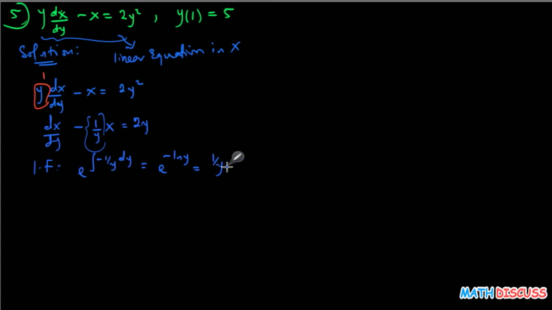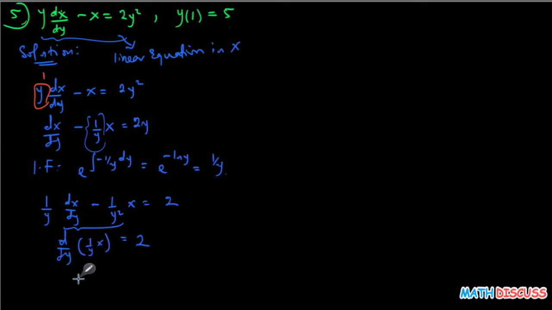Having gotten the integrating factor, we multiply both sides of the differential equation by 1 over y. So we have 1 over y dx/dy minus 1 over y squared times x equals 2. This can be rewritten using the product rule as d/dy of (1 over y times x) equals 2.